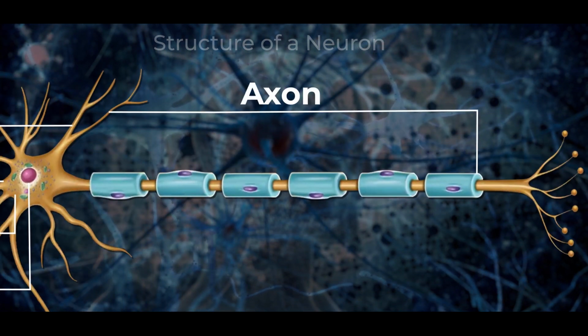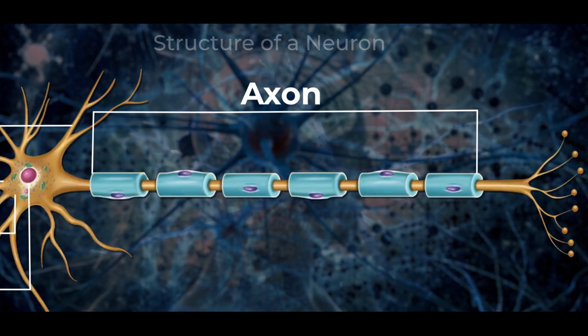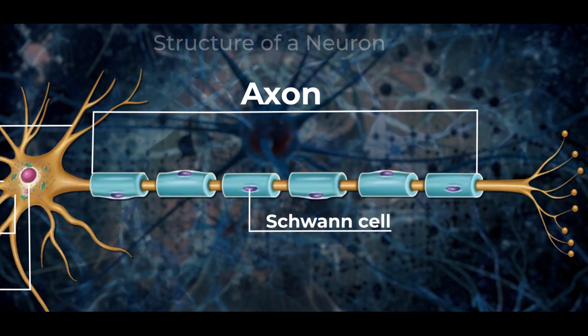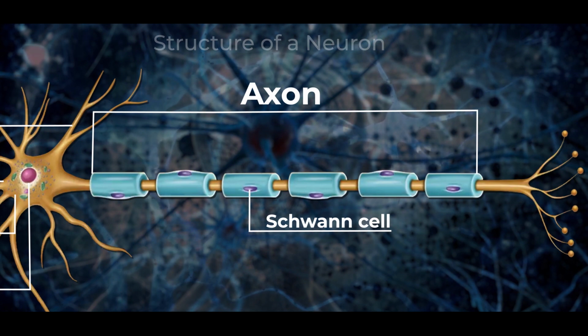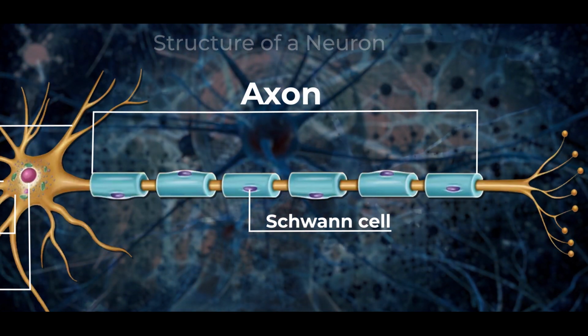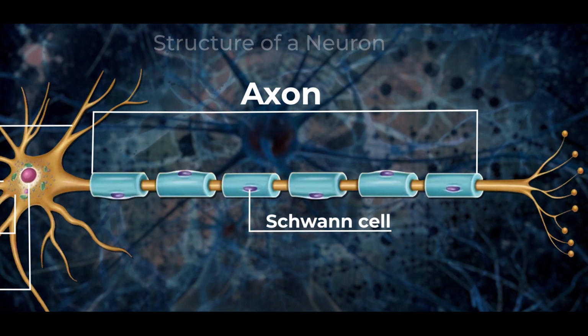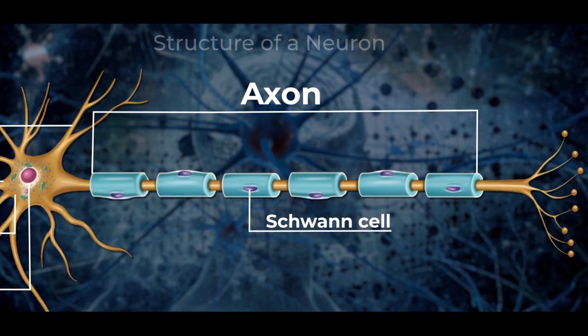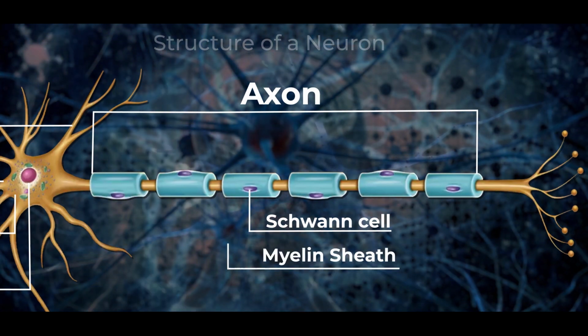Now, if you look at the axon or the axon fiber, you will find Schwann cells present. Schwann cells undergo the process of phagocytosis and digest the nerve cells when they become old. Then you will find the myelin sheath present.